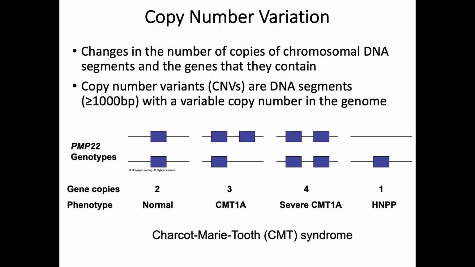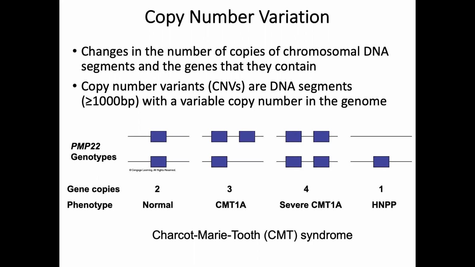Lastly, I would like to introduce two other forms of chromosome changes. One form is called a copy number variation, referring to changes in the numbers of copies of chromosomal DNA segments and the genes that they contain. These changes are not as big as the chromosomal deletions or duplications that can be identified under the microscope.